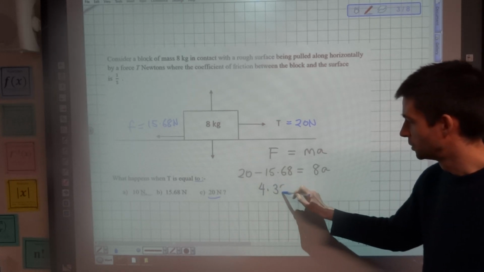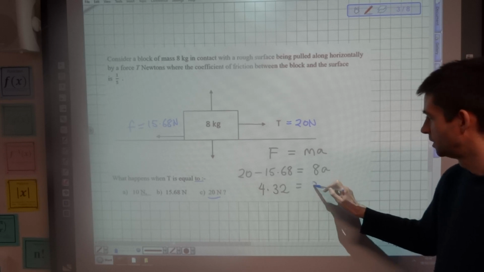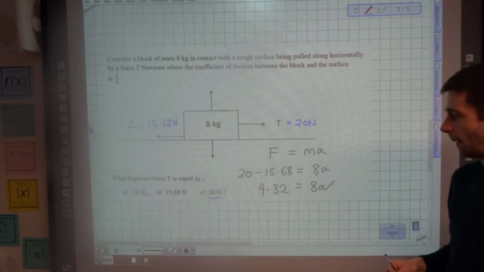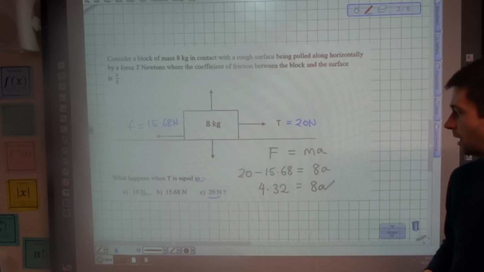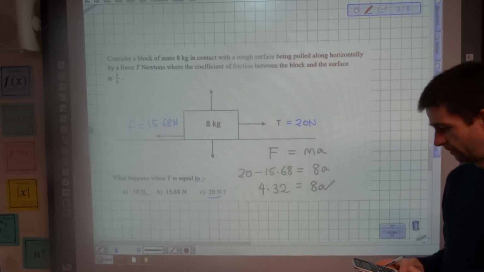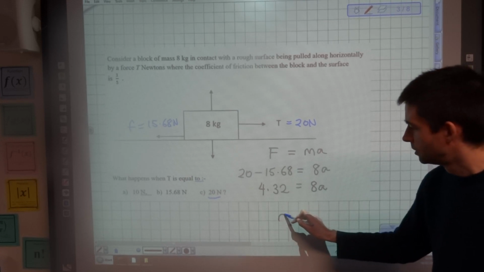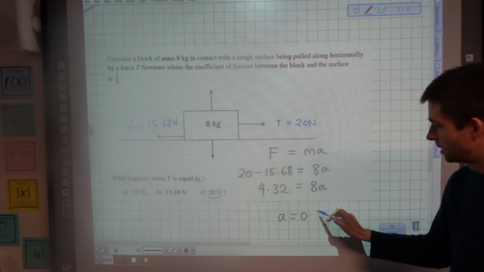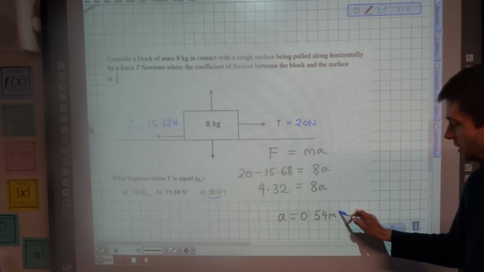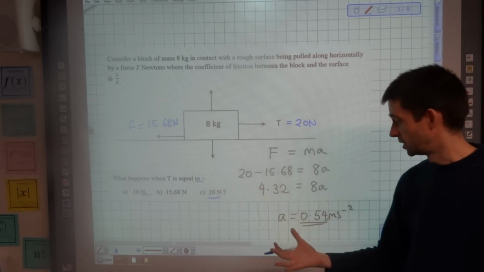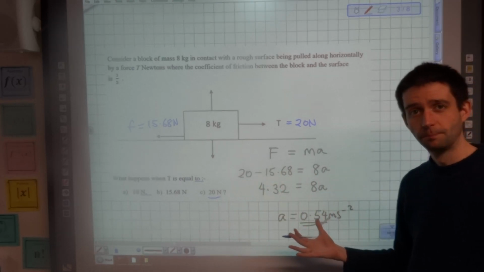So the resultant force, 4.32 newtons, is equal to 8a. If I divide that, I'm pretty sure that's 0.54, I'm just going to check. Yeah, 0.54. So in this scenario, when the tension force is 20 newtons, the box begins to move with an acceleration of 0.54.